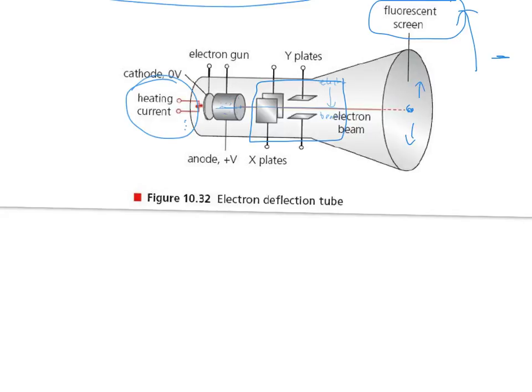Remember, this is just a beam of negatively charged particles. If you make this plate positive, then that little electron dot would move upwards, and if you make the bottom plate positive, it will move downwards, etc. So here is your uniform plate application.